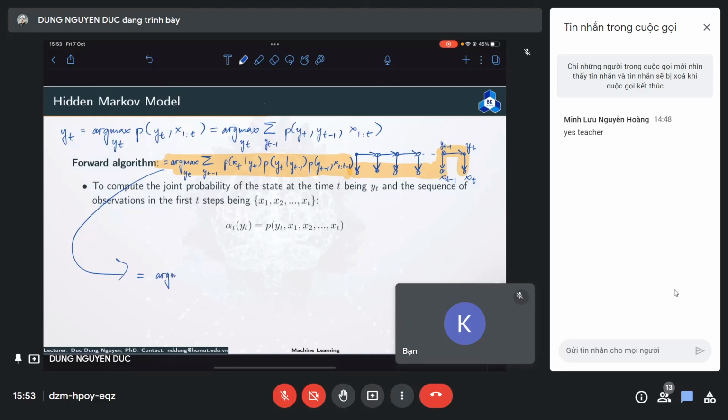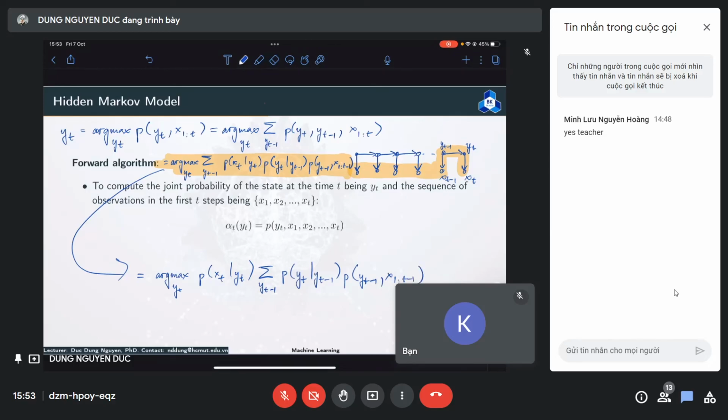So it's equal to the argmax over yt of the probability of xt given yt, multiplied with the sum over yt minus 1 of the transition probability from yt minus 1 to yt, multiplied with the probability of yt minus 1 and x from 1 to t minus 1.